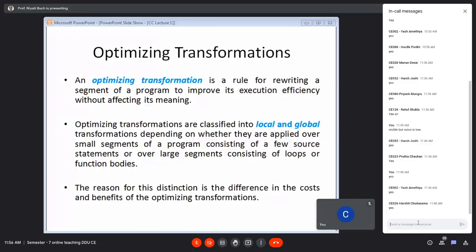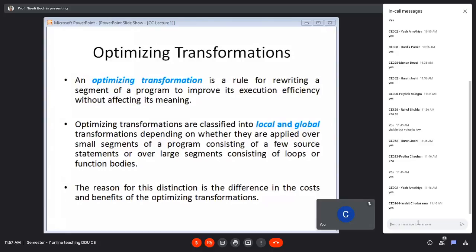The reason behind this distinction is the difference in costs and benefits of the optimizing transformation. Because we will see that it is costly to go about optimizing transformation. Though it is for the betterment of the code, we are going to optimize it, but it is not sure. We cannot guarantee that it will result in improvement or more efficient code.